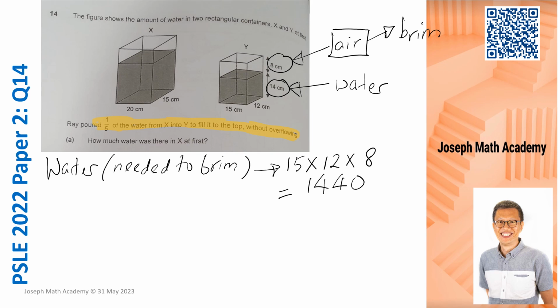Now, Ray poured 1/5 of X. So 1/5 of X means 1/5 times X, and the water poured should be 1440.